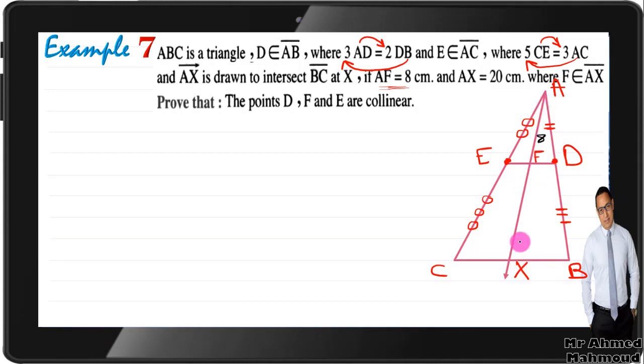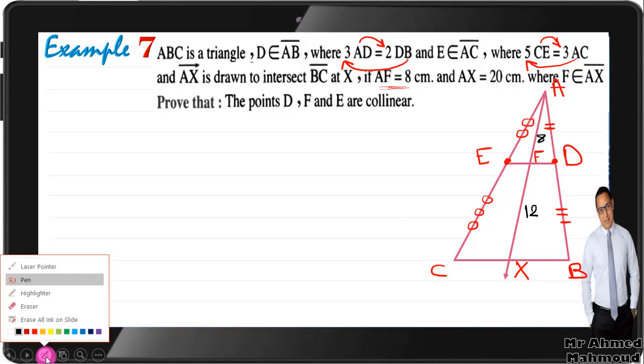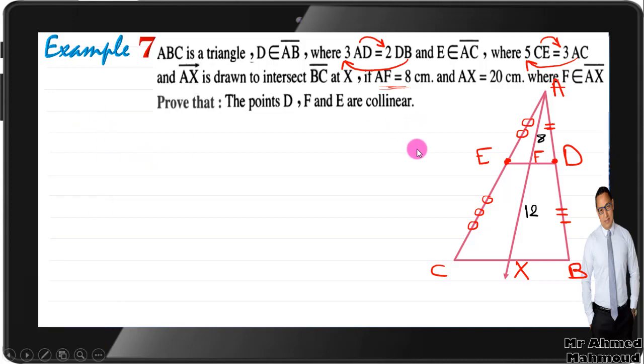And AX equals 20, so FX equals 20 minus 8 equals 12 centimeters. Let's start the proof. He asked me for what? He needs to prove that E, F, and D are in the same straight line.